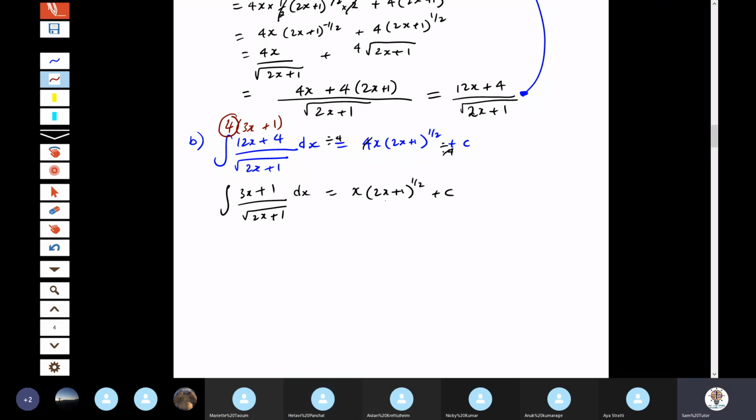Yep. So really, I could have done an extra line here: the integral of 4 times (3x plus 1) on square root 2x plus 1 dx equals still 4x times (2x plus 1) to the power of a half plus c. And at this stage, I know that I don't want the 4, so I'll divide it out, and you get the same answer I've got in the black up there.